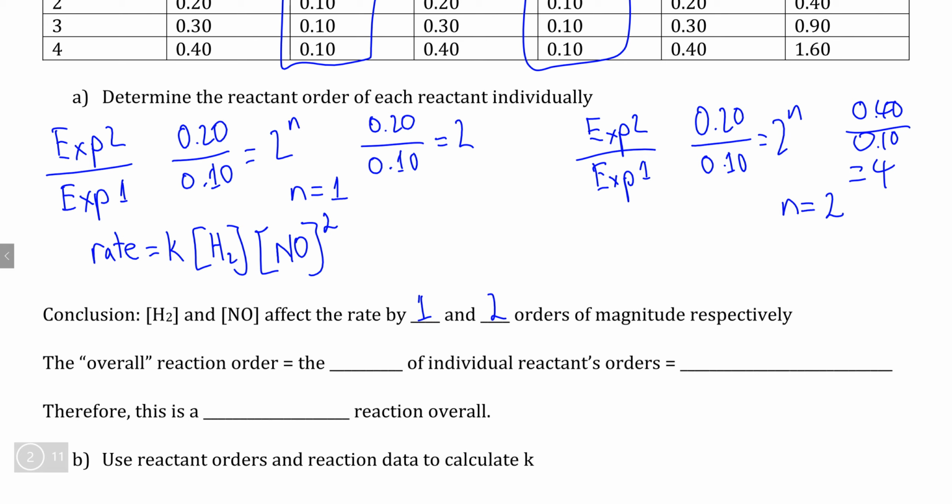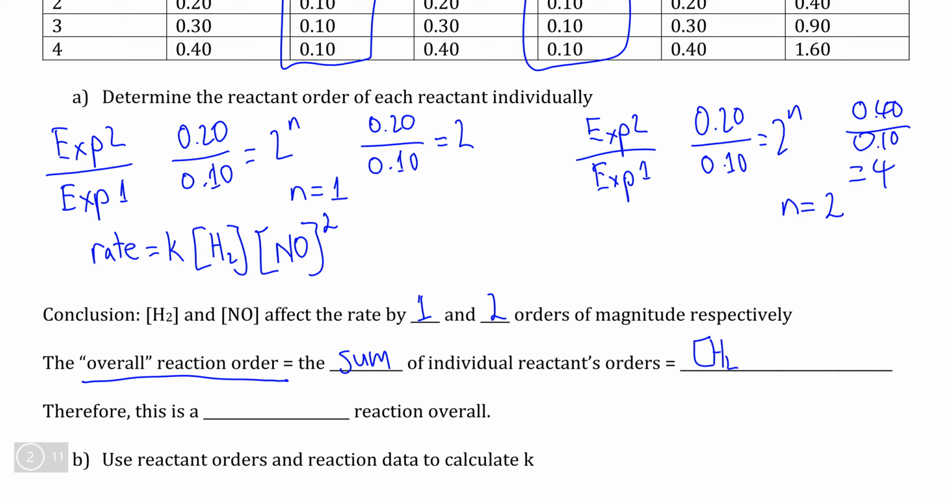Now that we have our complete rate law, we can talk about the overall reaction order, which means by what order of magnitude do the concentrations of both of our reactants affect the rate. To find this out, we simply take the sum of the individual orders of our reactants.